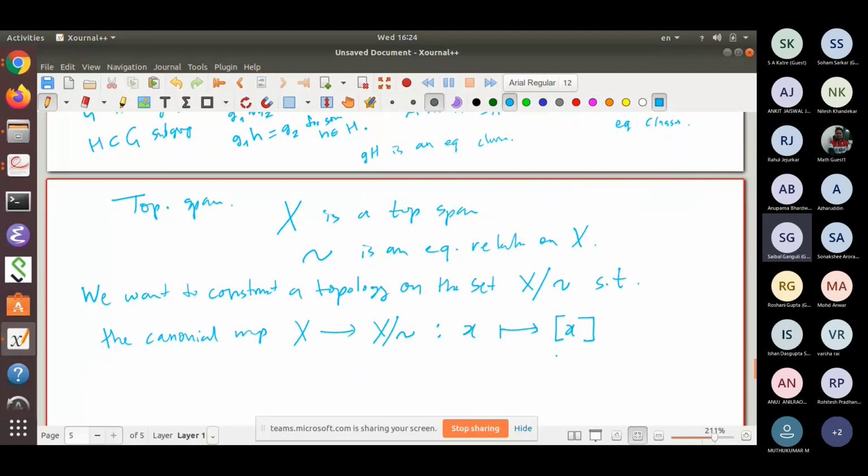I'll use this notation. By this I mean the equivalence class of x. So that the canonical map, this is a surjection, let's give it the name Q, is a quotient map.